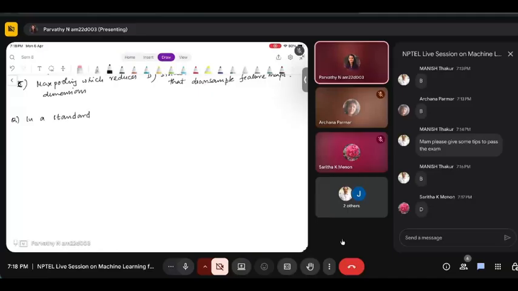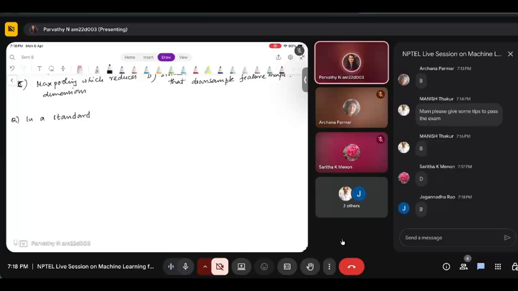To pass the exam, you can check the announcement page, not the discussion forum. I think in the beginning they have mentioned the distribution of assignment questions, because all those assignment questions are also important for the exam.